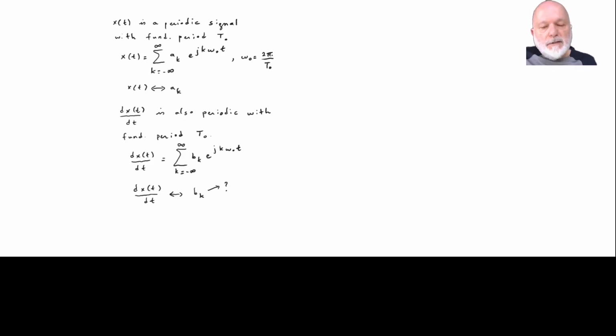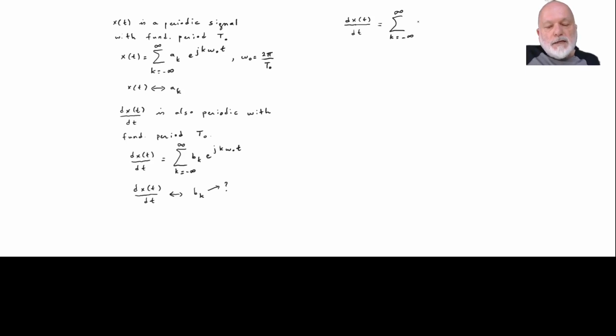Now, x of t has the Fourier series representation. Therefore, we can look at the derivative of the Fourier series representation term by term. Here we omit some technical details related to the interchange of the series operation and the differentiation operation.